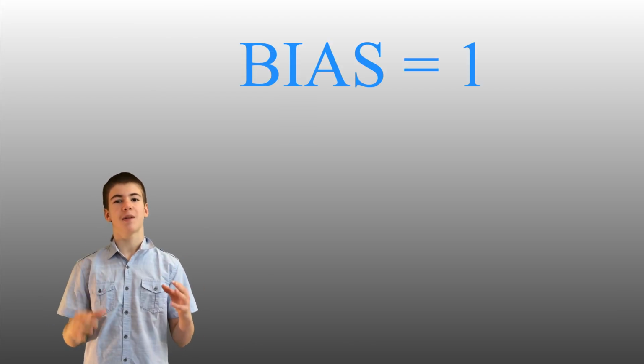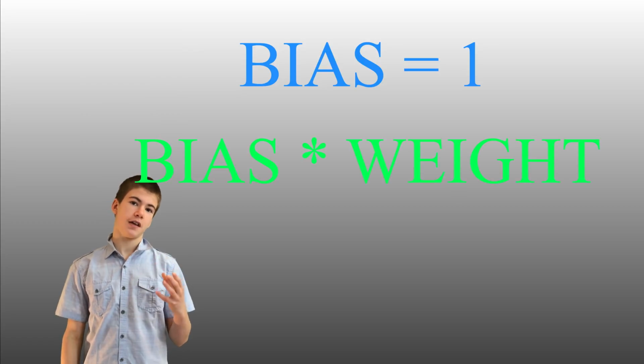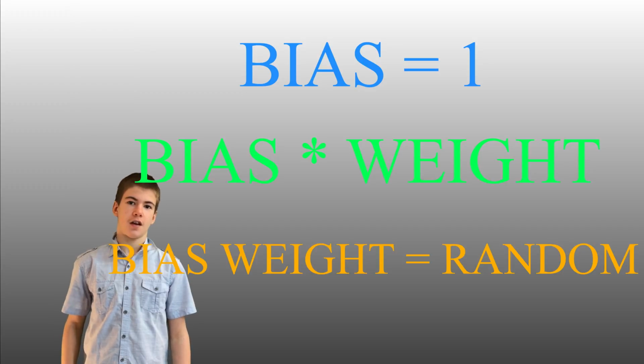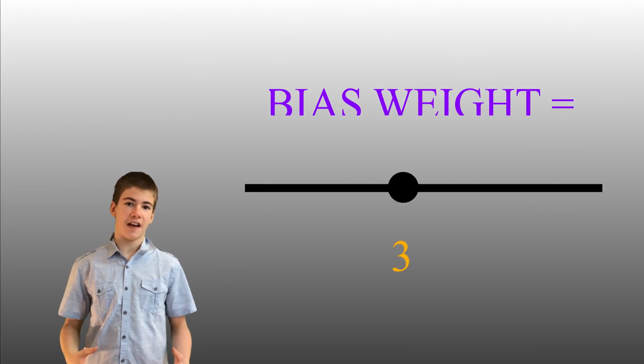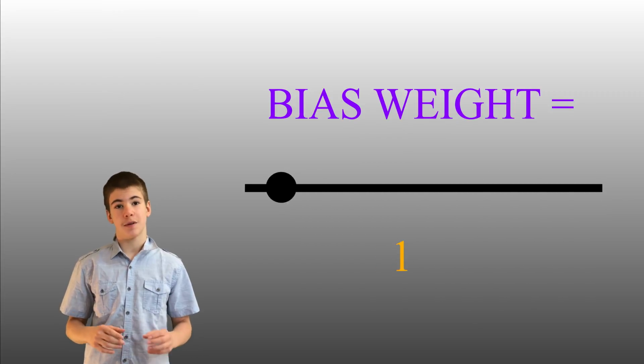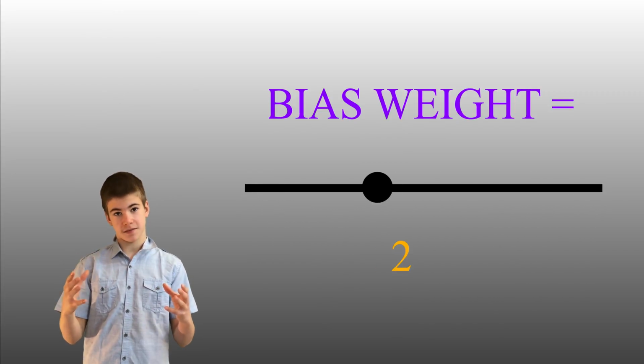Programmers initialize the bias value to 1 and then multiply that value by a weight, which will be initialized to a random value. We will also adjust the value of the bias weight later on to try and find the best fit between the inputs and outputs.